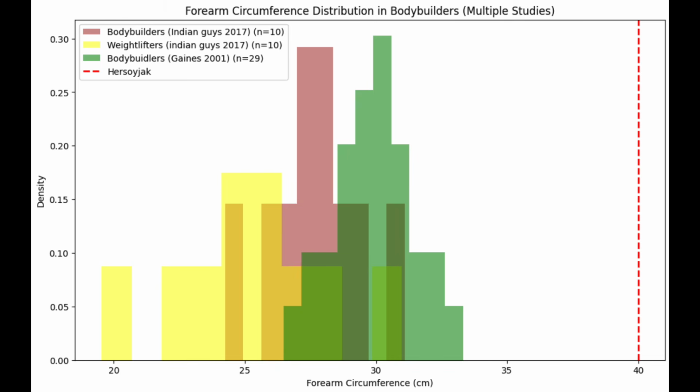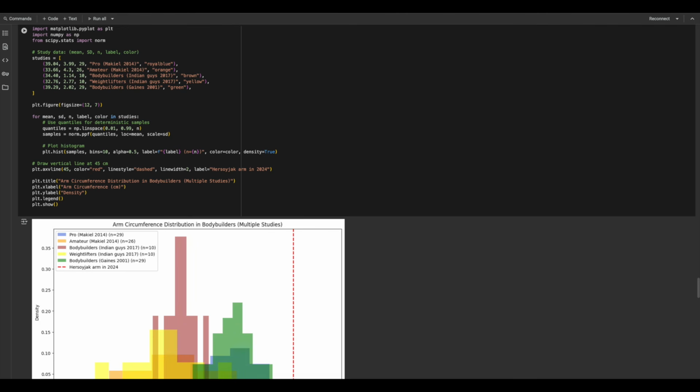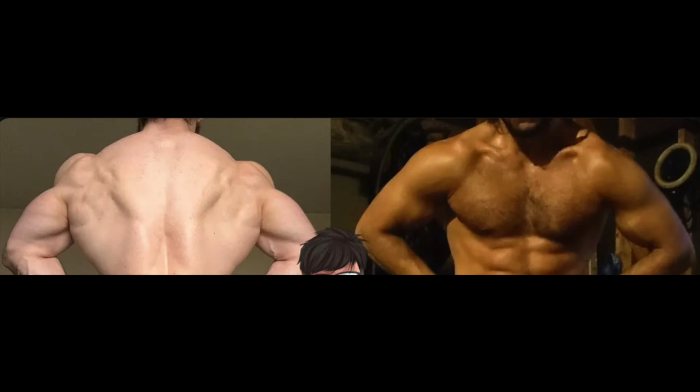I personally think he's indeed natural, and I don't have to say this, but obviously he looks pretty good. Also, I haven't even mentioned the possibility of the people in these studies also being on steroids, but at the end of the day, it is irrelevant in this context because we are comparing him to the people who also lift, regardless of them being natural or not.